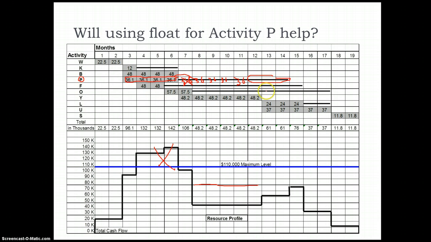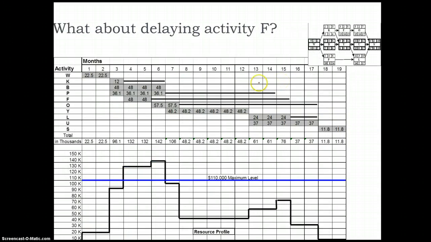However, the problem with that may be that delaying activity P may take away the float for the activities F and O. So activity F will eat up some of its float, and likewise for activity O. So if you are doing it on a computer, it would be much easier to see. Anyhow, that is one possibility to delay this activity.